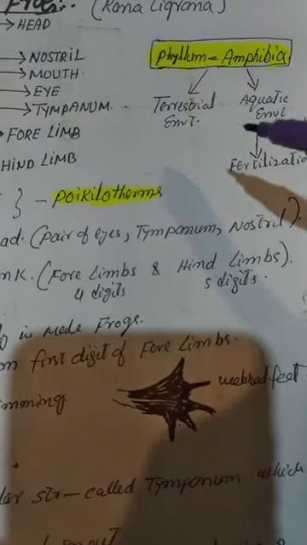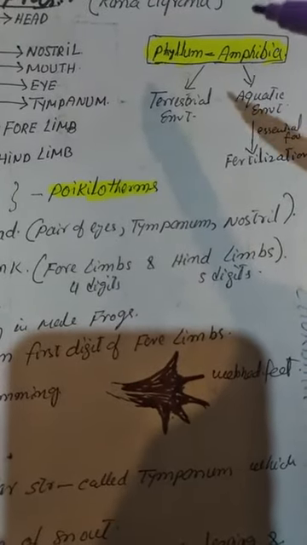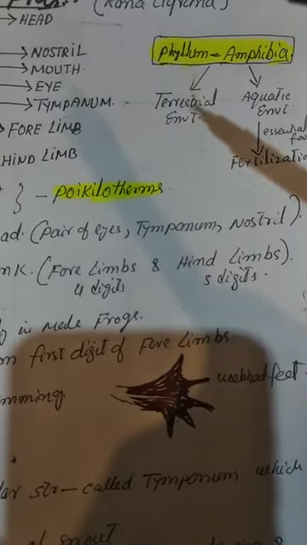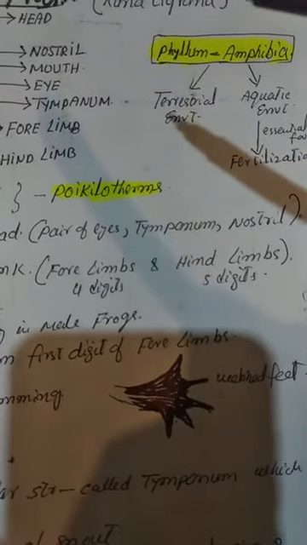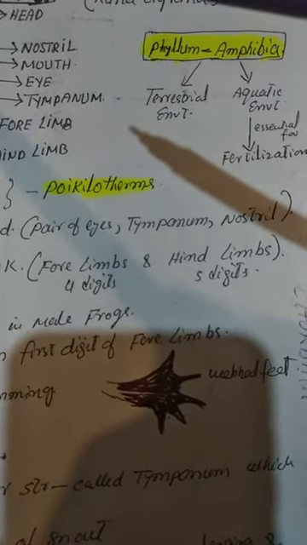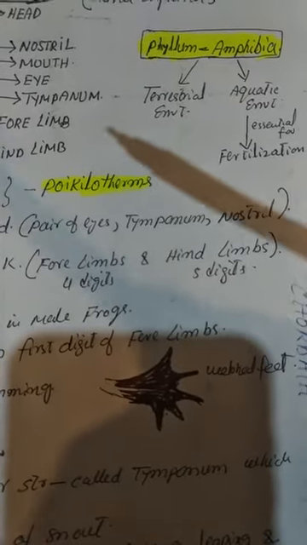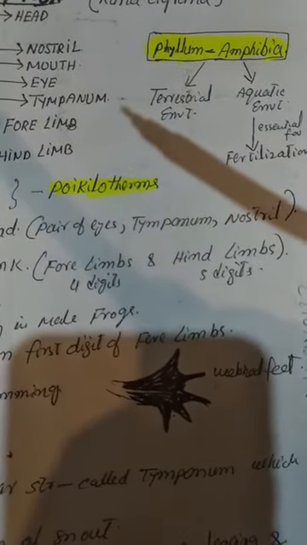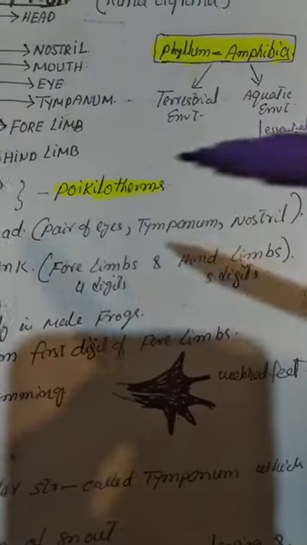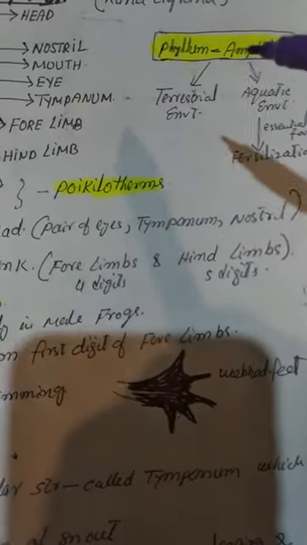The aquatic environment is essential for their reproduction because the fertilization in amphibians is always external, and there should be a medium for the fertilization, and water provides the best medium for their external fertilization. So keeping these characters in consideration, this animal is classified in the phylum Amphibia.